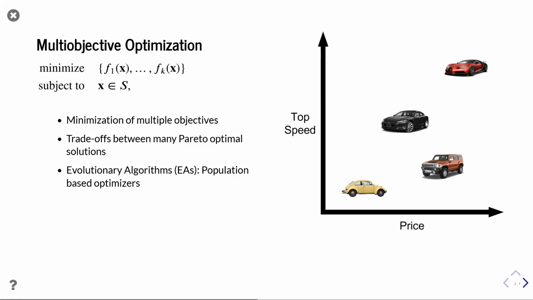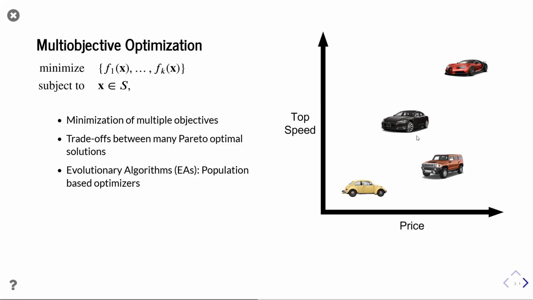And there are certain cars which, for example, this Hummer here is very pricey, but is also very slow. And if the person who is buying these cars is only interested in price and top speed, they might not be that interested in a Hummer because there are other cars that are slightly cheaper and also slightly faster.